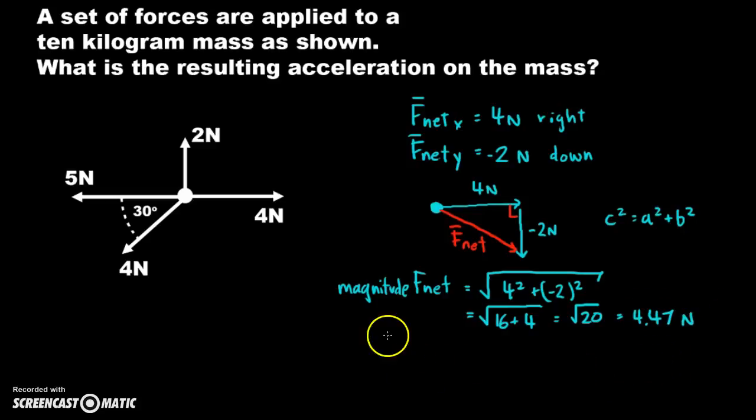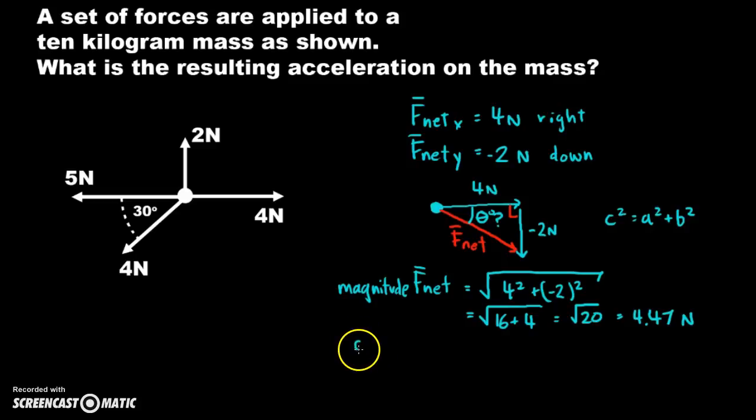Now the question is, well, that's great, Mr. Gale, but what about the angle? I mean, there's obviously an angle here. Some angle, we'll call it theta, right? What is that angle? Well, let's just do it real fast. I know all sorts of things here. So I could say, why not just do this?